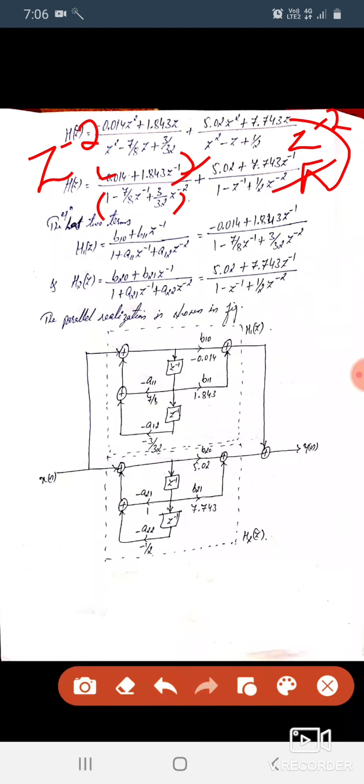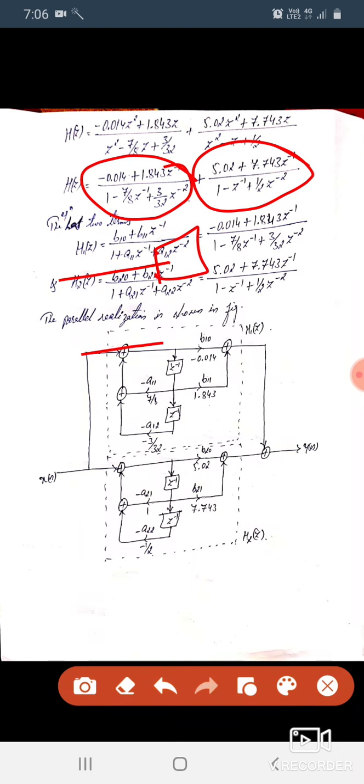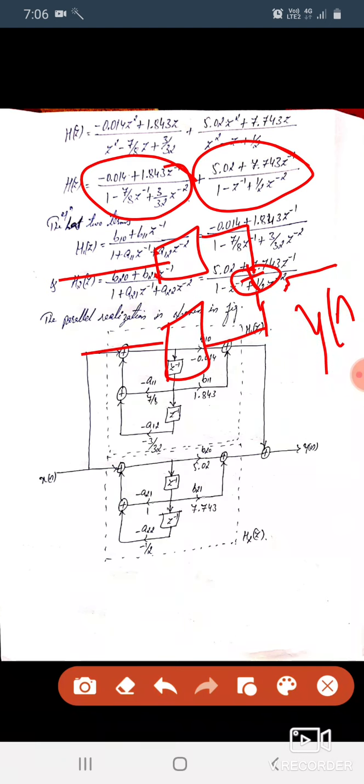Next, in this case, the first whole term is taken as h1 of z and the second is taken as h2 of z. Parallel means we are going to take two sequences, h1 of z and h2 of z, then we add them and you will get the output, that is y of n.